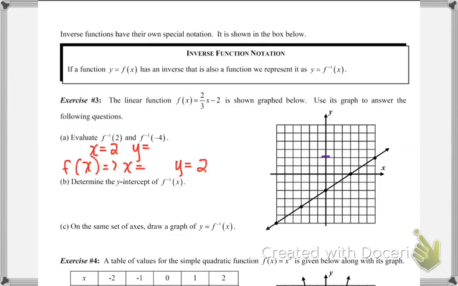So here is where y equals 2. So we're going to draw a horizontal line at that value of y equals 2.